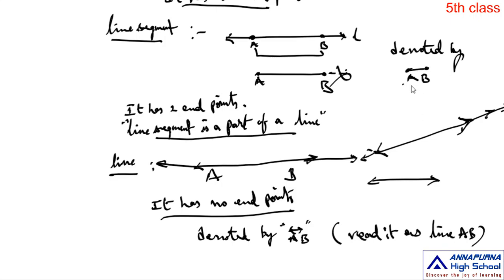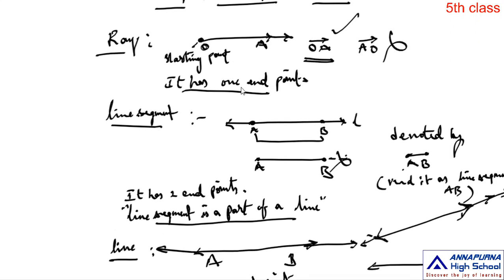Here also, the other one we read as line segment AB. So like that we can read it. Therefore, line means it has no endpoints. Line segment means it has two endpoints. Ray means it has one endpoint.